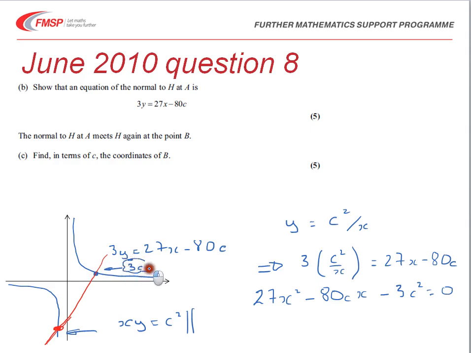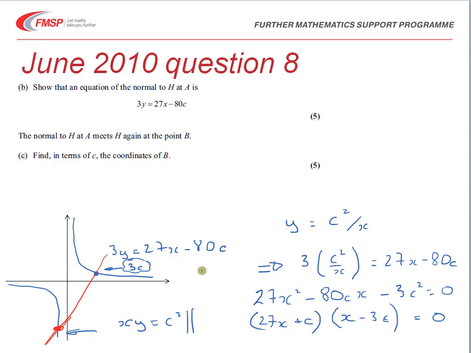So we can be a little bit clever and use that idea in our factorization, because we know if x is equal to 3c that one of the roots, or one of the brackets here, the factors, must be x minus 3c. And that makes life a little bit easier for us to realize that the other factor must be 27x plus c.